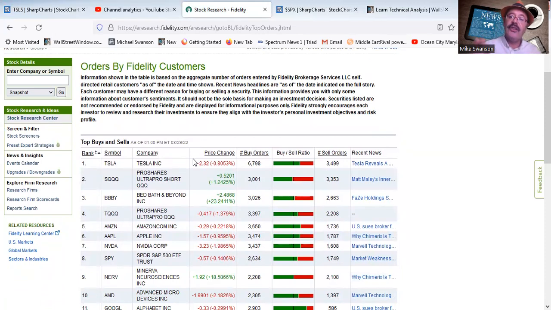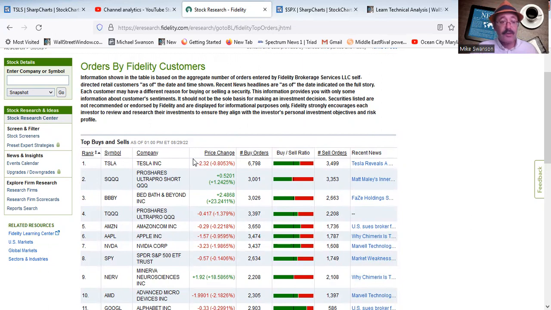So we can look at this and see what most people on Fidelity are buying, what they are selling on any given day. You track this on a daily basis, and you get a feel for what the individual investor is doing in these markets. And I can tell you that Tesla usually is the number one stock on this list. It's been that way all year, and they're almost always buying the stock.